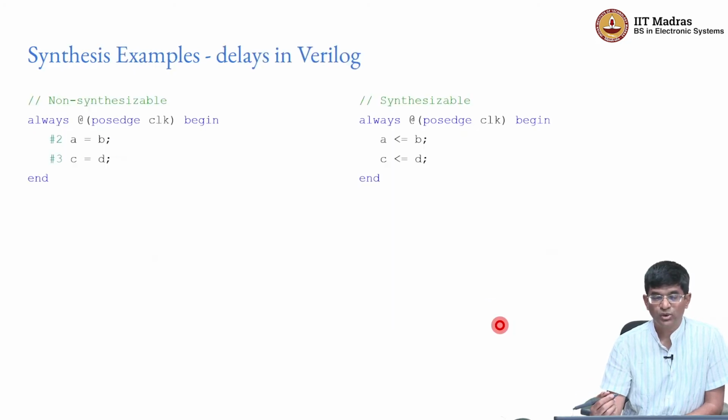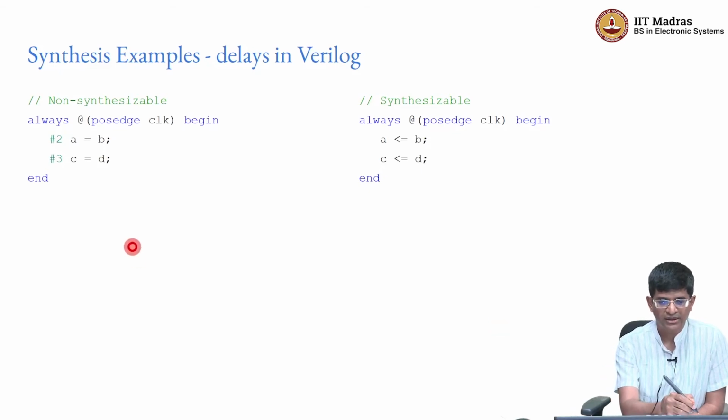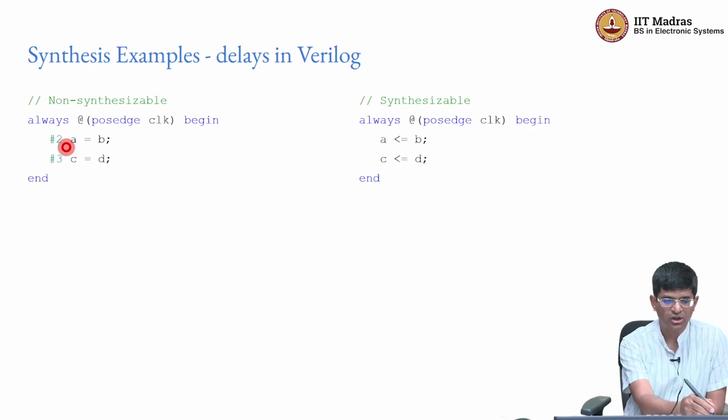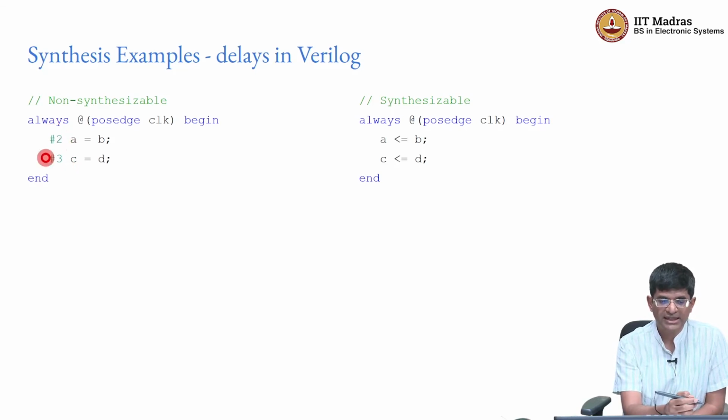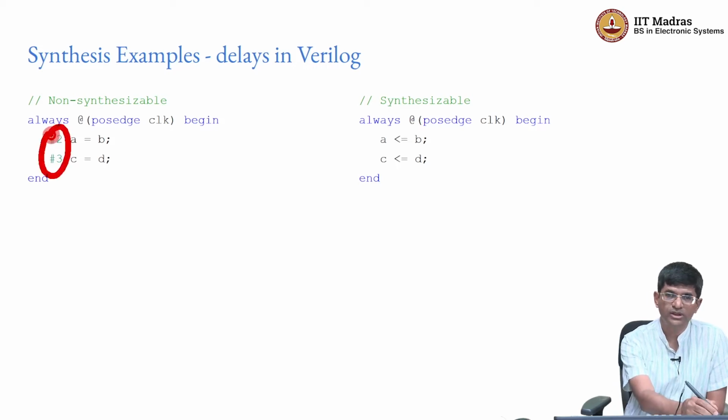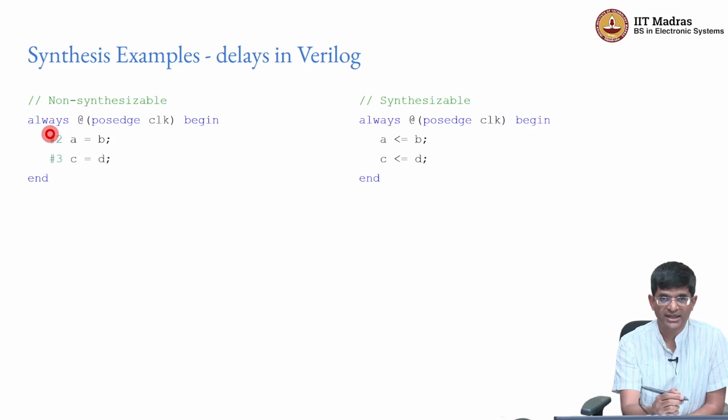So let's look at a few examples of synthesizable code and non-synthesizable code, right? What we have over here is an example where I have posedge clock and I am trying to do #2, #3. Basically these things don't synthesize. What will happen in most scenarios is that the tool will just ignore these delays, give you a warning saying that it's ignoring the delays, and then proceed to synthesize as though this did not exist.